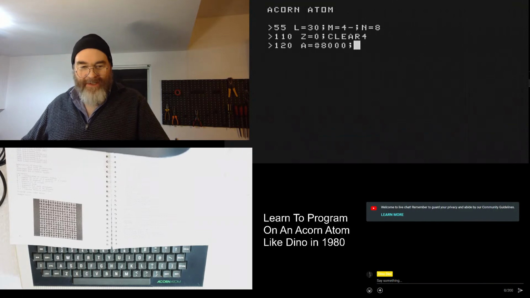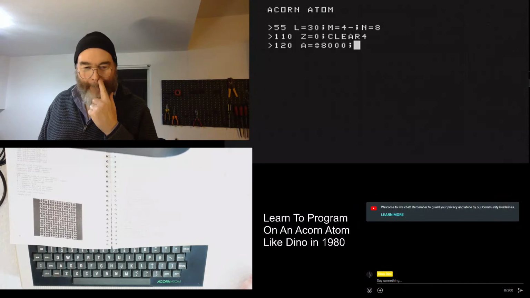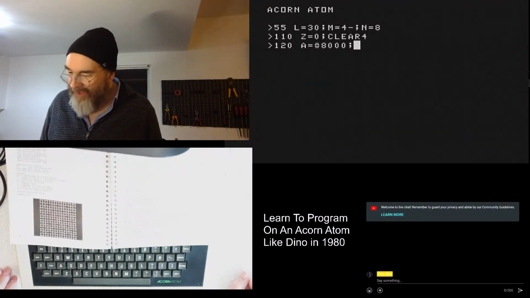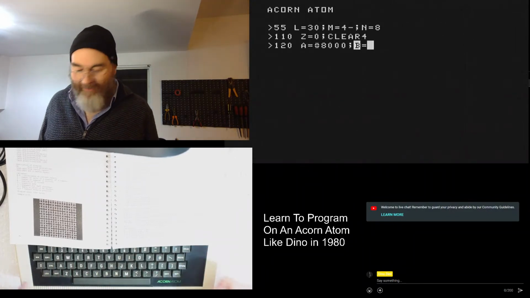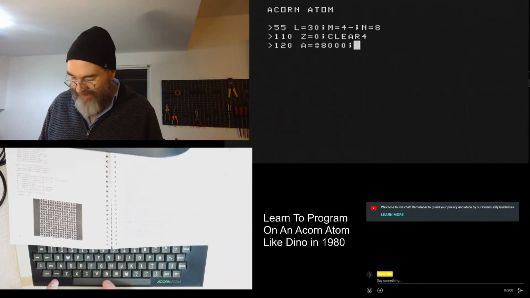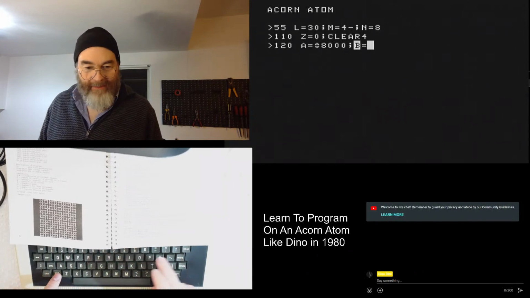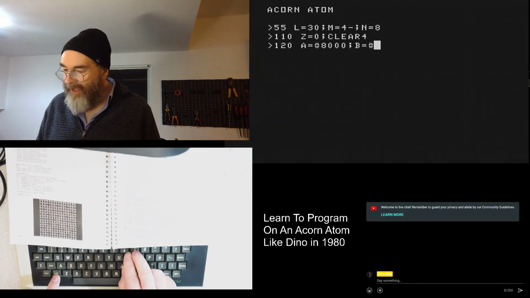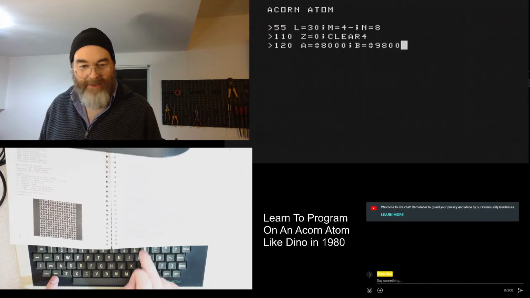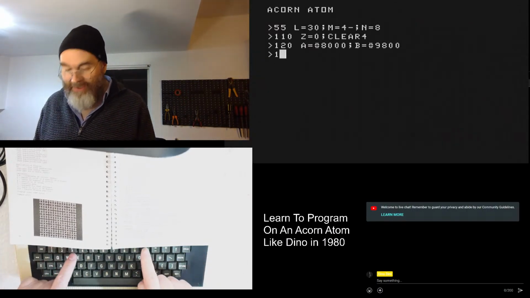The Atom Basic had hexadecimal right there where you need it. Hexadecimal. B, I was like 15 at the time. B, no internet. Oh, I had caps lock on. B equals hash 9800. I wonder what those are for. We'll find out maybe. Right, 130.